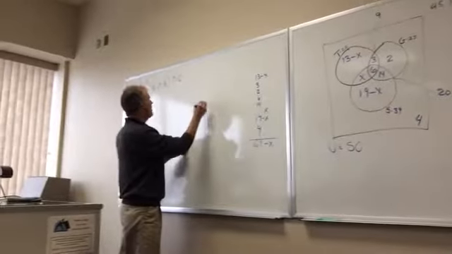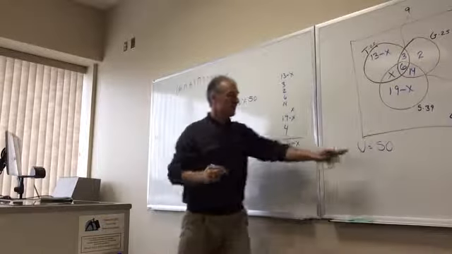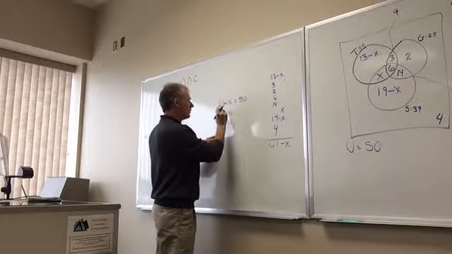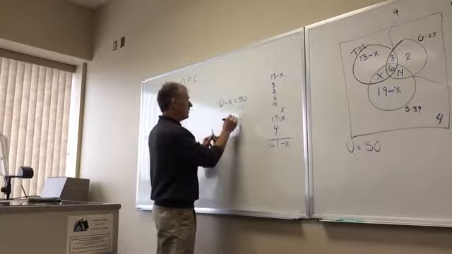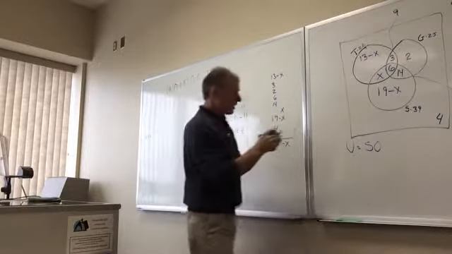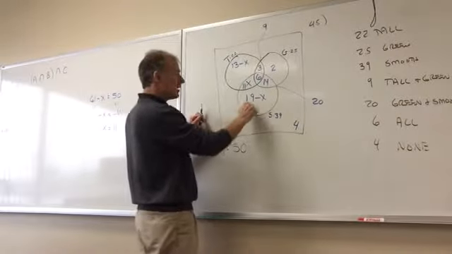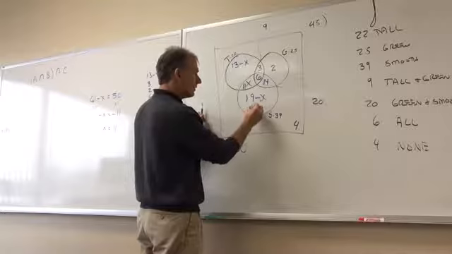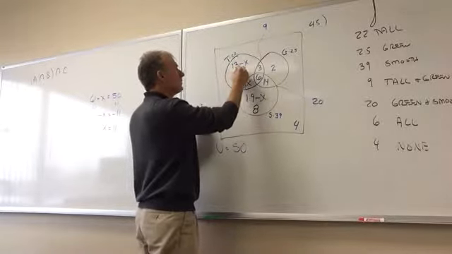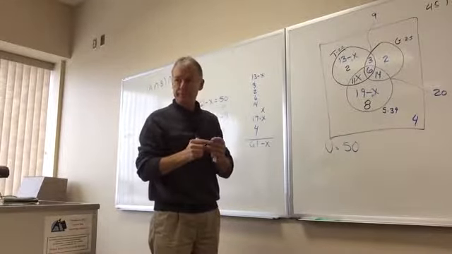So what we have then is that 61 minus x must be equal to 50, because we know they have that, right? So now we can do some nice algebra. Negative x equals negative 11, or better yet, x is equal to 11. So now I can come back over here and say, this is 11, which 19 minus 11 gives me 8. 13 minus 11 will give me 2. And now we can answer all the questions. Right?